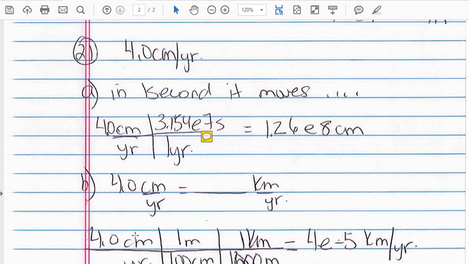So the first thing I did is I went from 1 meter to 100 centimeters. So I divide by 100 centimeters to turn this to meters per year. And then I know that there's 1,000 meters in a kilometer, so I divide by 1,000 meters to turn it to kilometers. And I get a speed of 4.0 times 10 to the negative 5 kilometers per year.